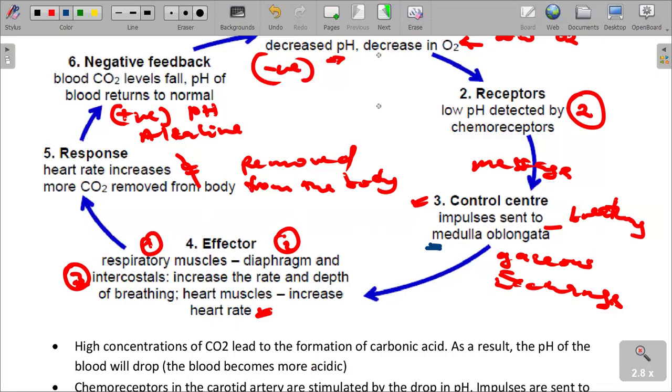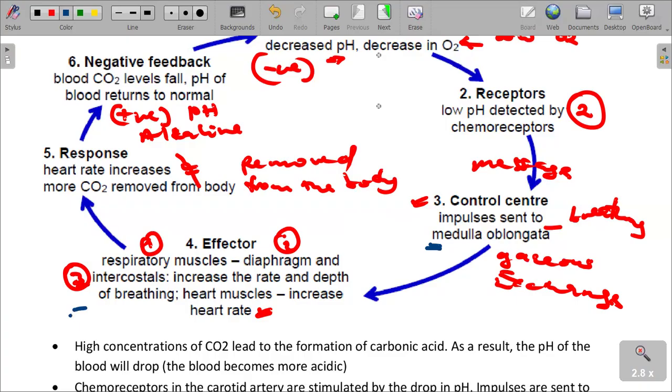It affects gaseous exchange. So impulses are sent to the medulla oblongata, and then the effector organs, which are the respiratory muscles, the diaphragm and the intercostal muscles, increase the depth and rate of breathing, which is number three here, class.